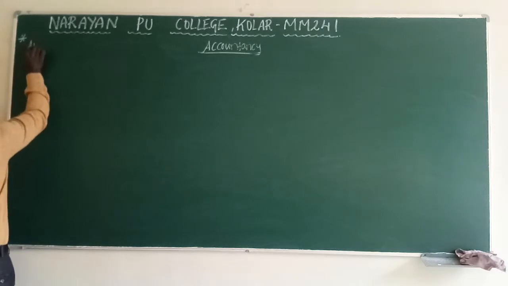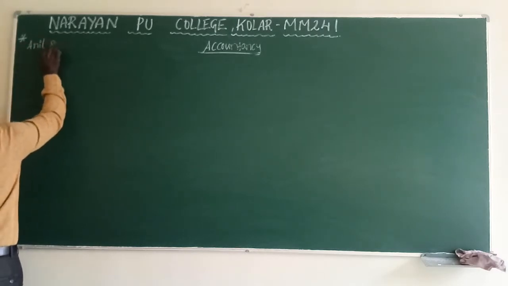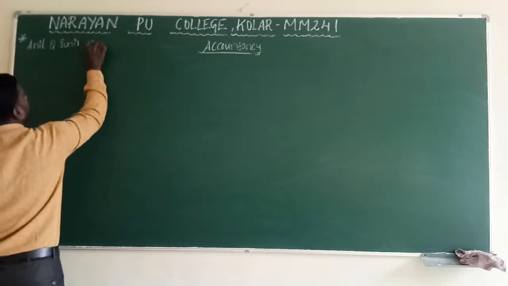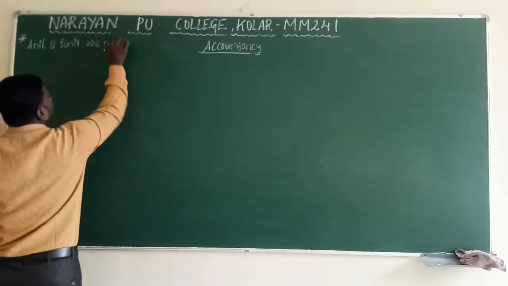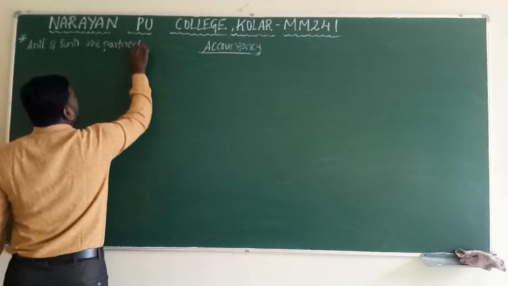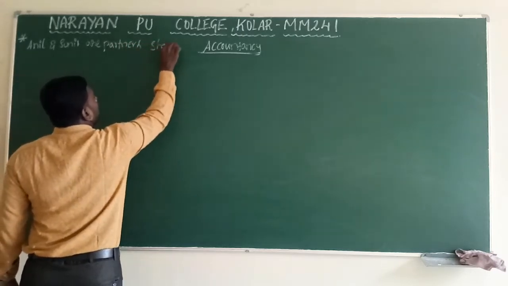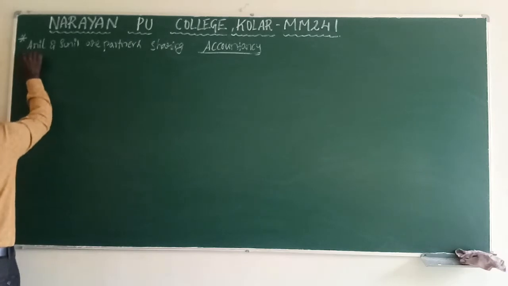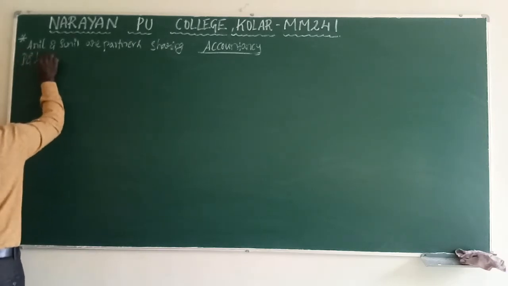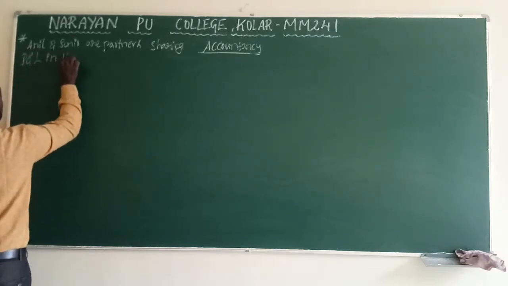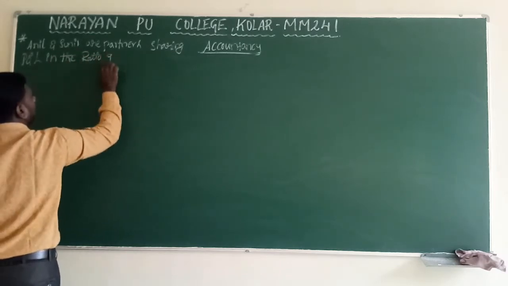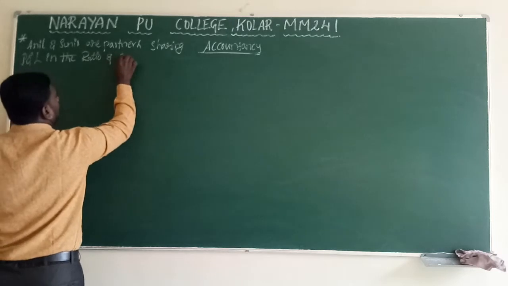Anil and Sunil are partners sharing profits and losses in the ratio of 3:2.